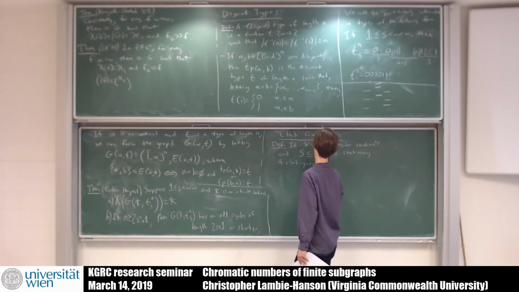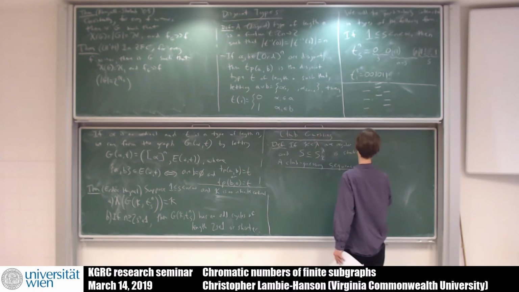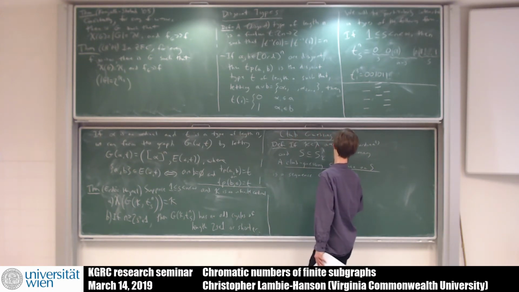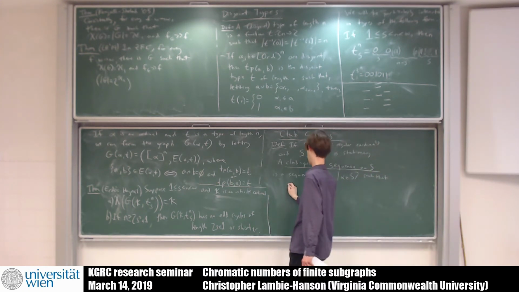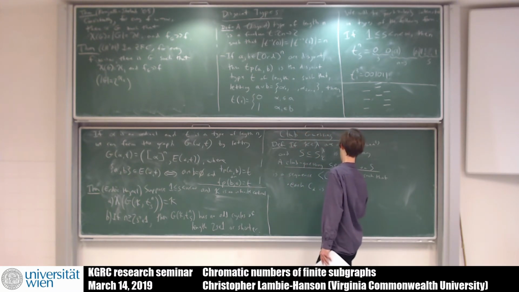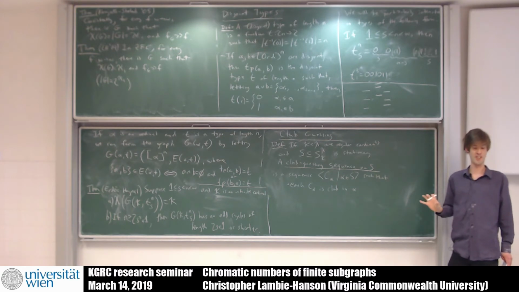A club guessing sequence on S is a sequence C alpha indexed by alpha in S, such that, first of all, each C alpha is club in alpha, and it won't hurt us to shrink the C alphas, so we might as well assume that the order type is exactly kappa.